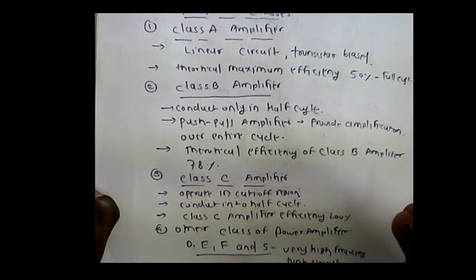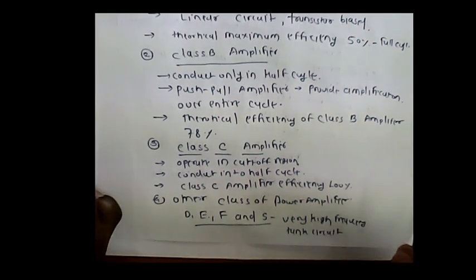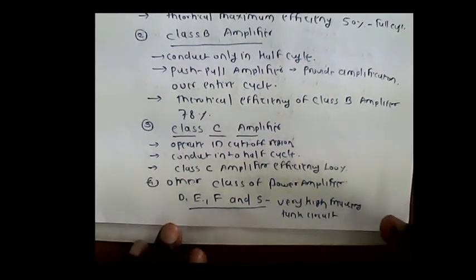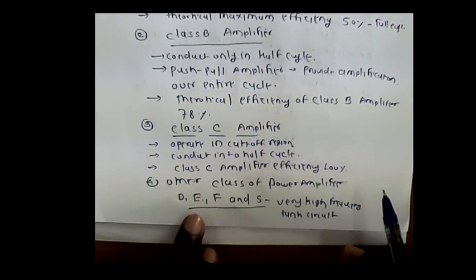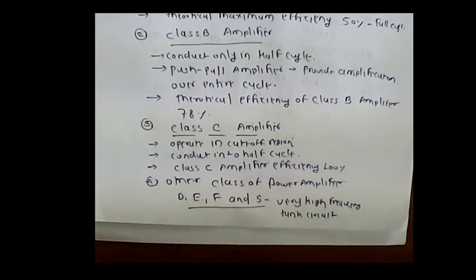It is also called a push-pull amplifier because it provides amplification over the entire cycle, and its theoretical efficiency is 78%. Then class C amplifier operates in the cutoff region, conducts in half cycle, and its theoretical efficiency is 100%. Another important set of power amplifier classes is class D, E, F and S, which operate at very high frequency and require a tank circuit.